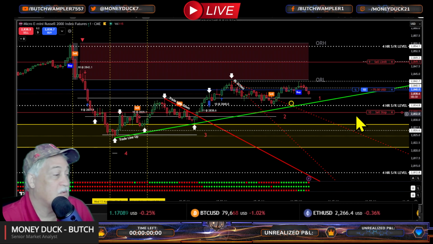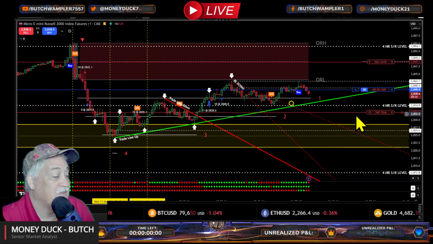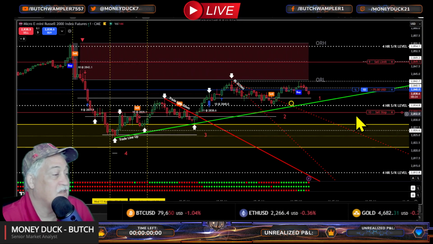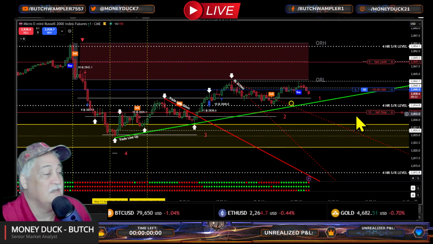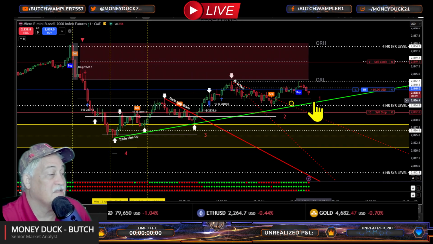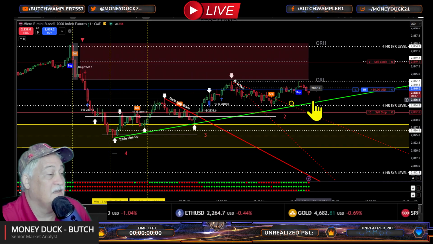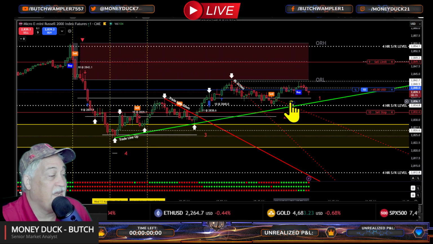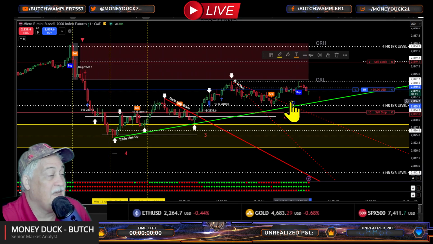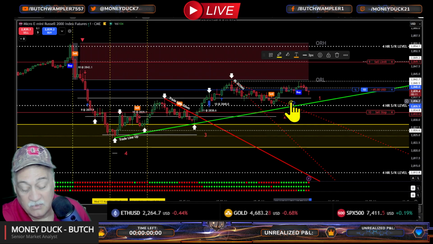If you sit there and think about what could happen, it shouldn't surprise you when it does happen. I'm not surprised we're back in the negative a little bit because I already mapped that out with that line tool I just drew, that it could come back to the 4 hour support resistance level, that green trade line. So it didn't happen over here. That doesn't mean it won't happen elsewhere.